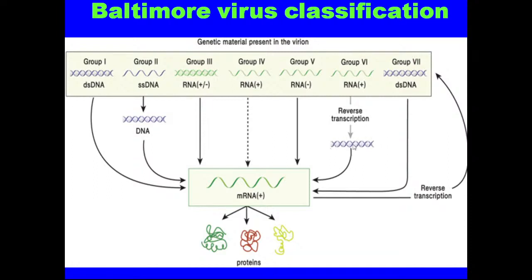Then the reverse transcriptase also has activity to produce mRNA based on DNA, so it also has DNA-dependent RNA transcription activity. Then when positive sense RNA is produced, the proteins will be produced. That is a unique strategy of all so-called retroviruses, which were named because of the reverse transcription.